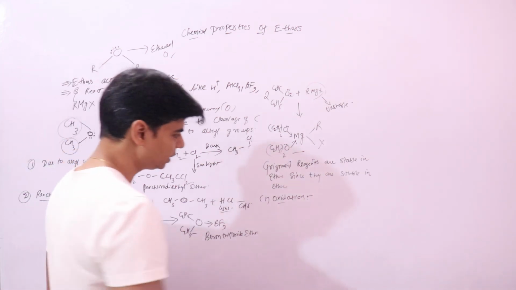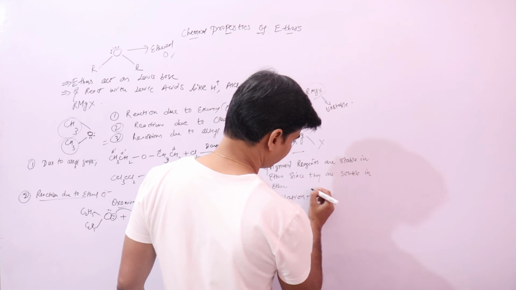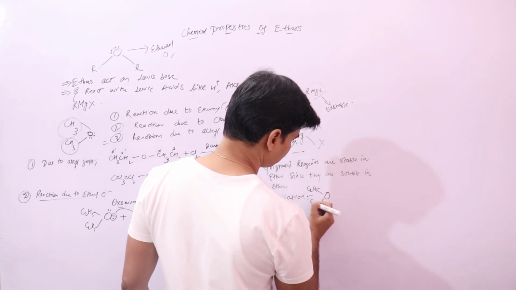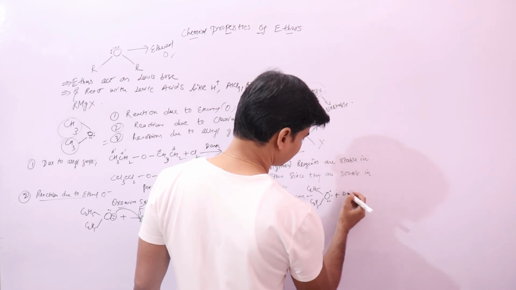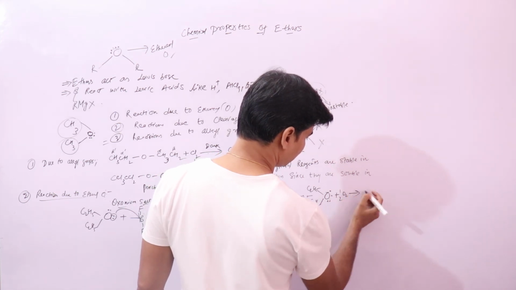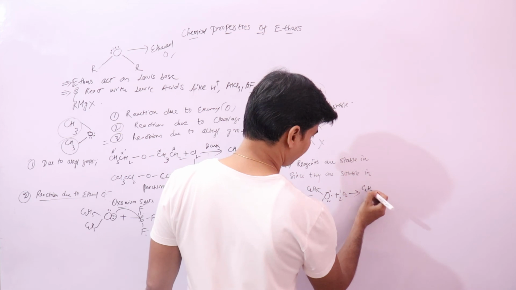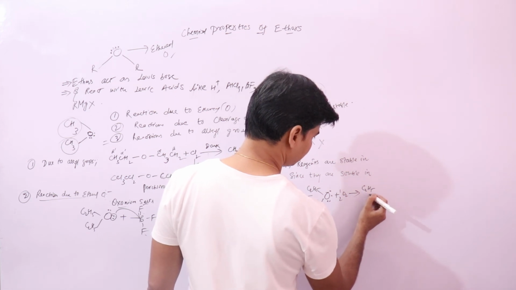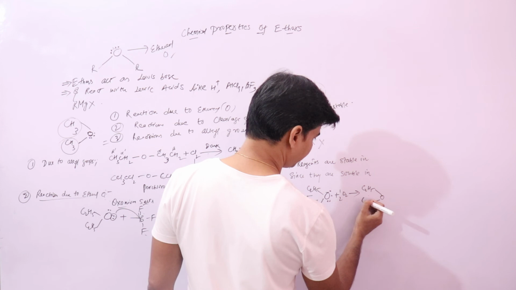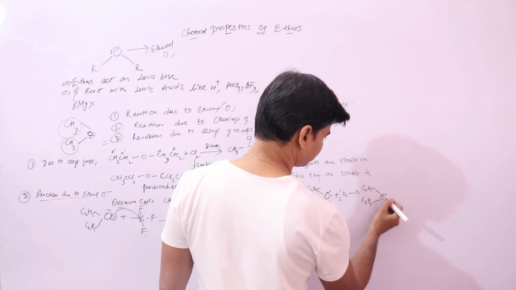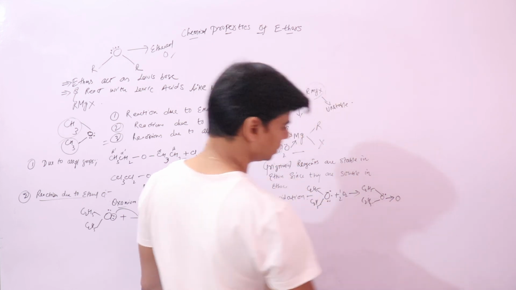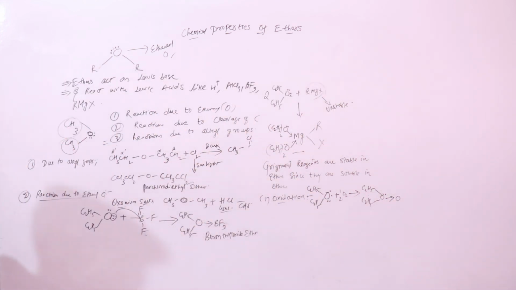Oxidation is where these will react with atmospheric oxygen to form peroxides, like this. It is also bonded via coordinate bond, like what we have studied earlier.